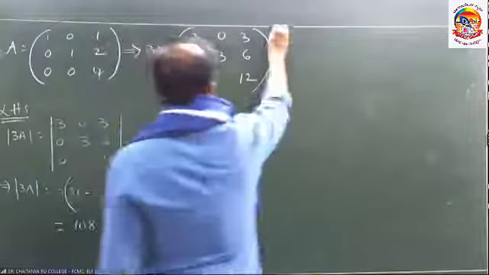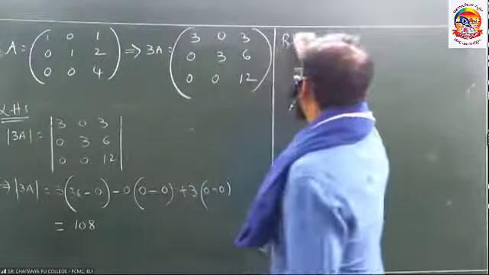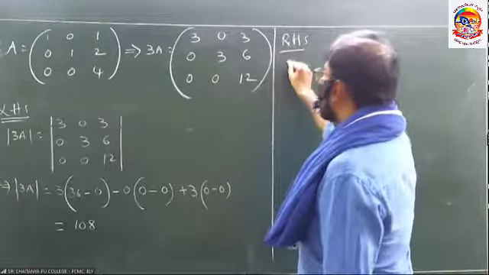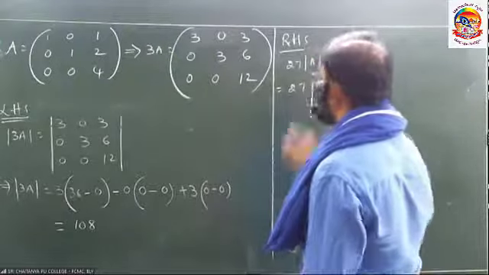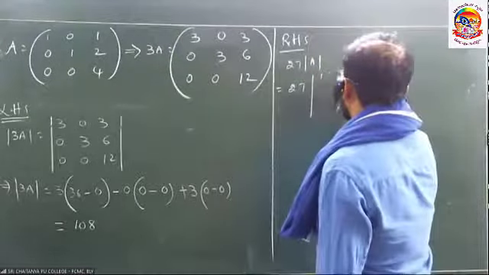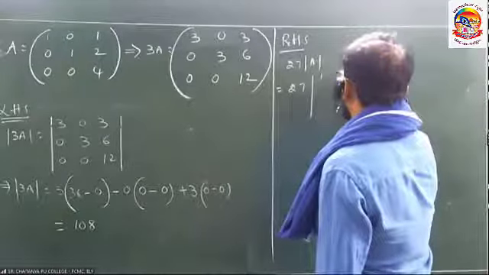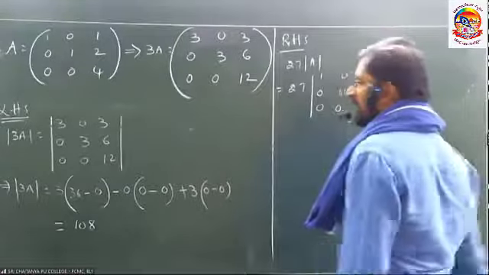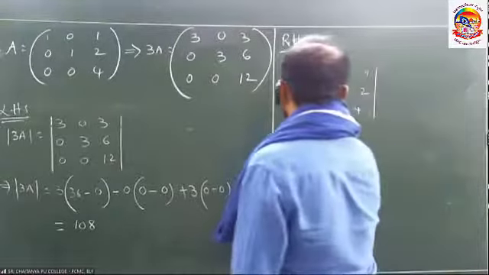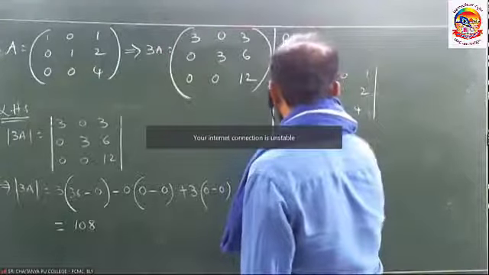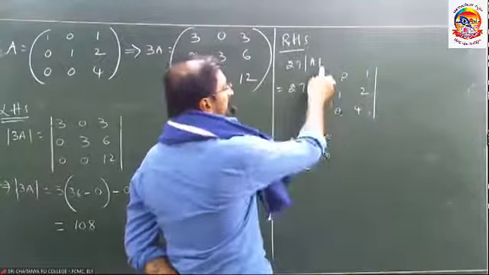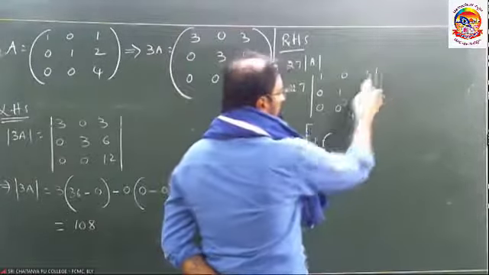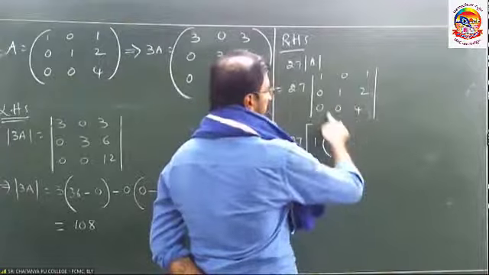Now RHS. 27 into det A is equal to 27 into det of the matrix with rows 1, 0, 0; 0, 1, 4 and so on. Which is equal to 27 into, observe, this 1 into, exclude this column and this row, you are going to get these 4 elements.